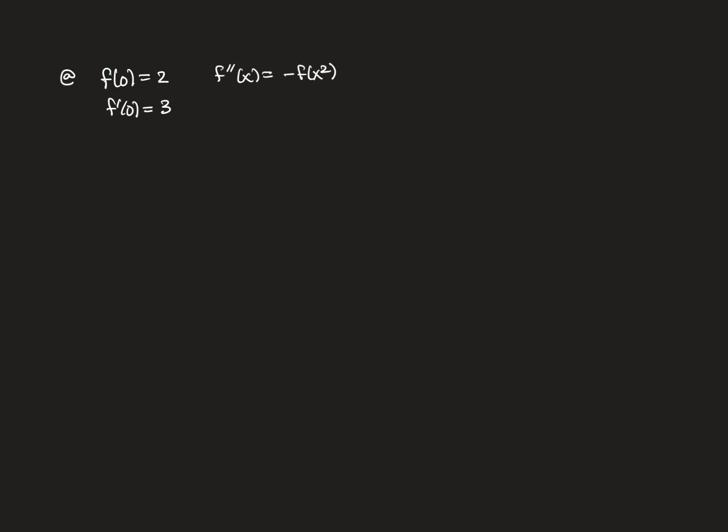Well, f of x squared would be 2, so this would be negative 2. Our third derivative is given by negative 2x times f prime of x squared. So if we plug in 0, this is going to evaluate to be 0.